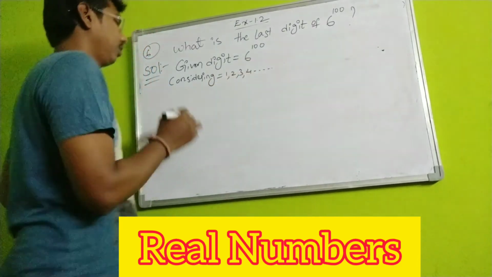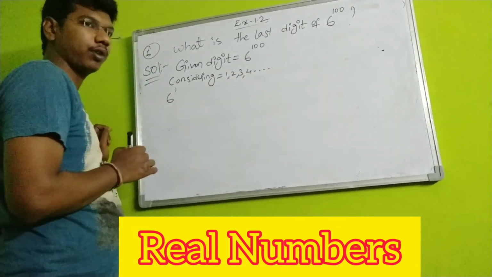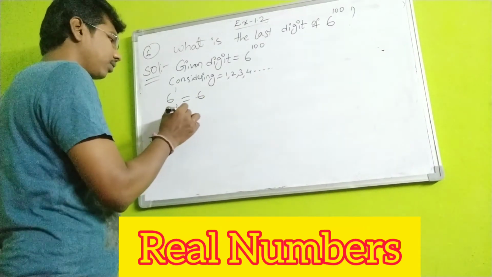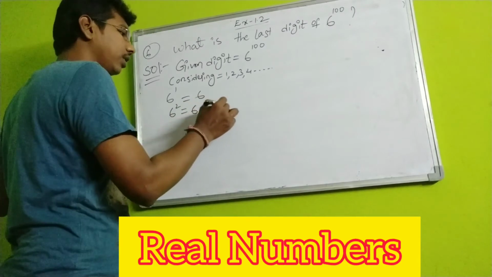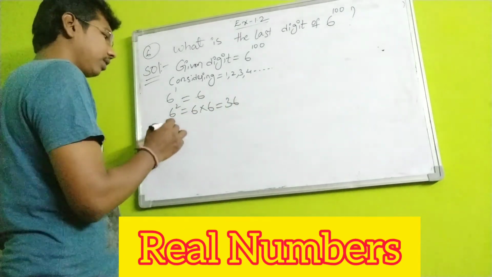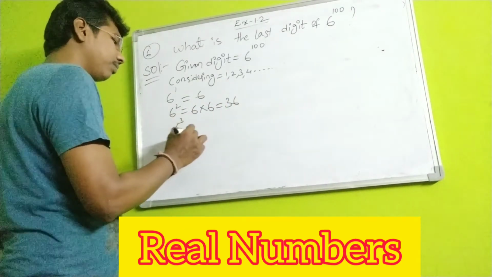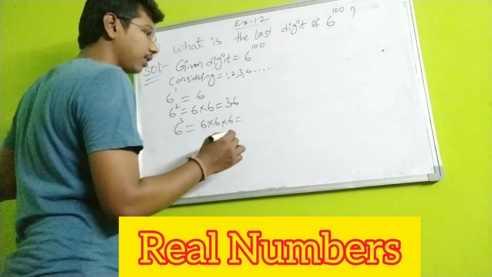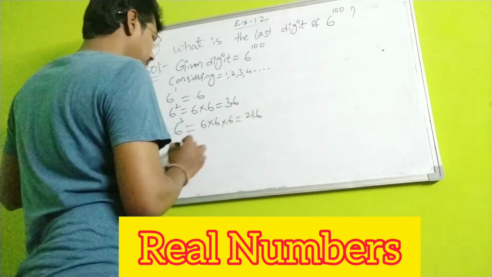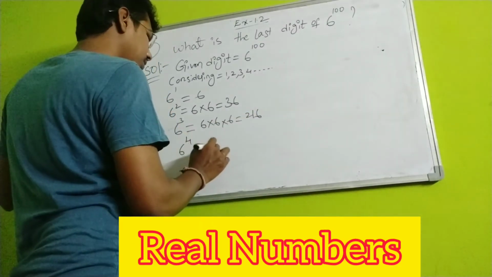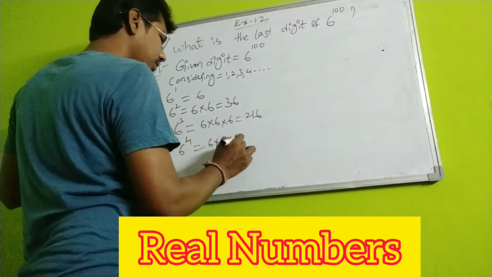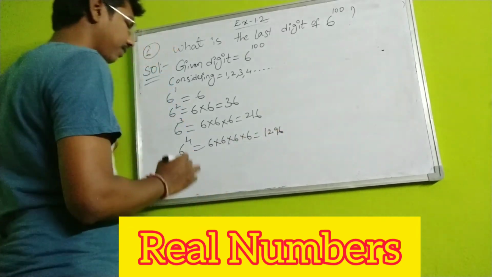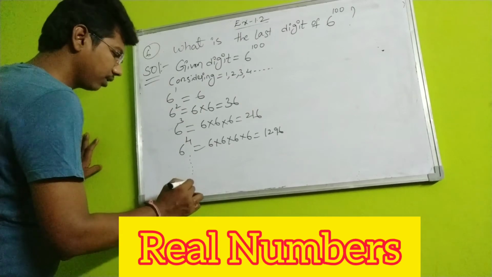First take 6 power 1, which is 6. 6 power 2 is 6 multiplied 2 times, 36. Next, 6 power 3 is 6 × 6 × 6: 6 × 6 is 36, 36 × 6 is 216. Now 6 power 4, 6 multiplied 4 times, that is 1296, and so on.